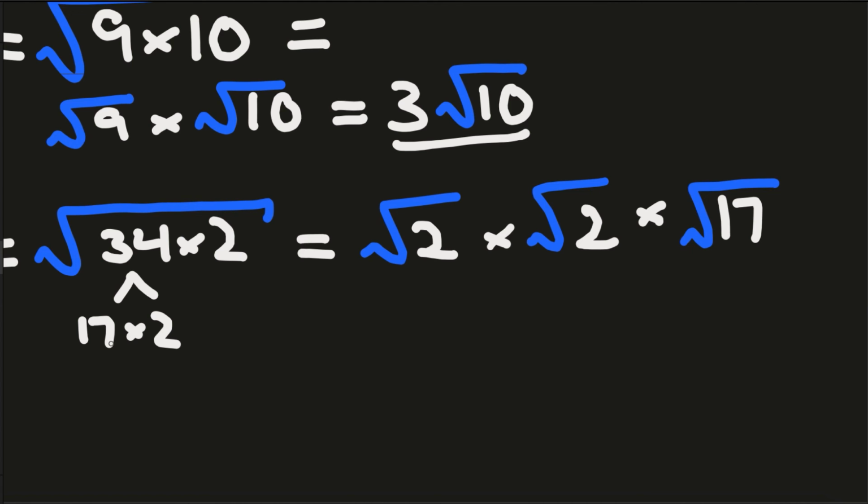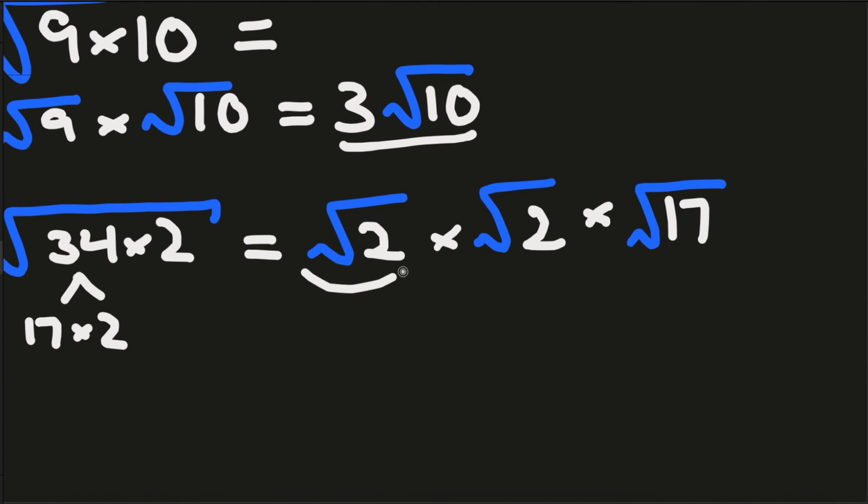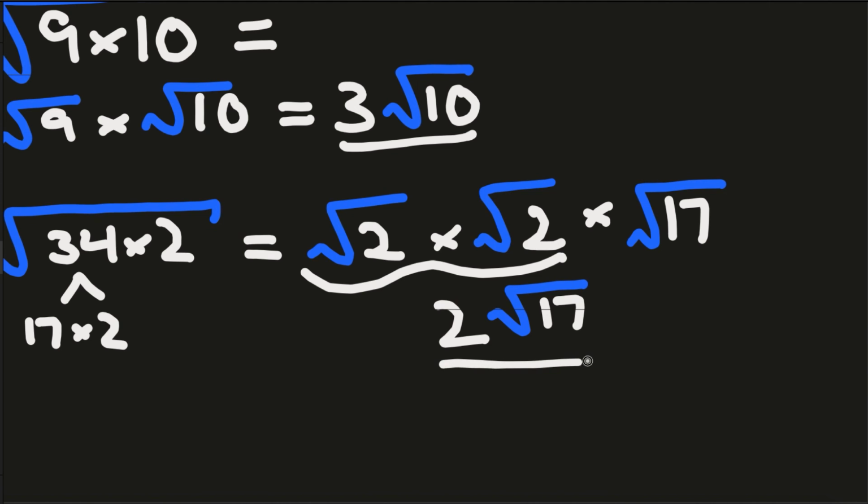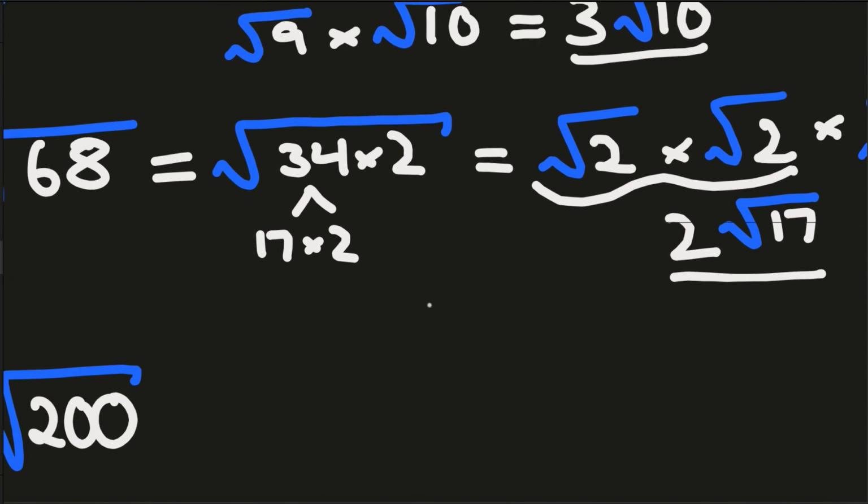This right here evaluates to 2, and the square root of 17 is an imperfect square. So we're left with 2 times the square root of 17 as our answer.